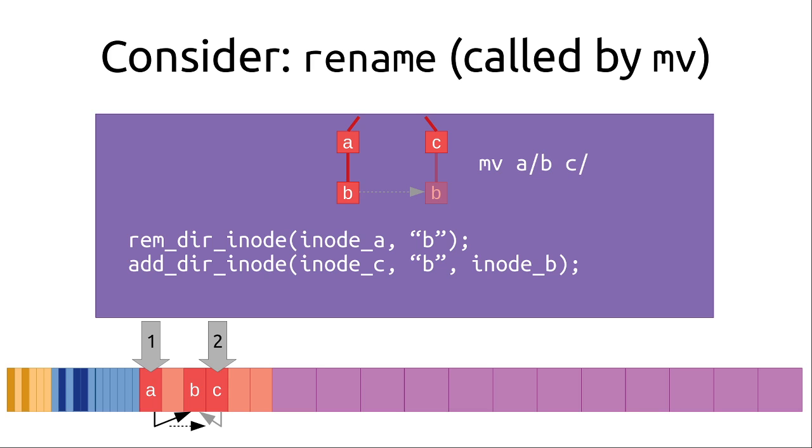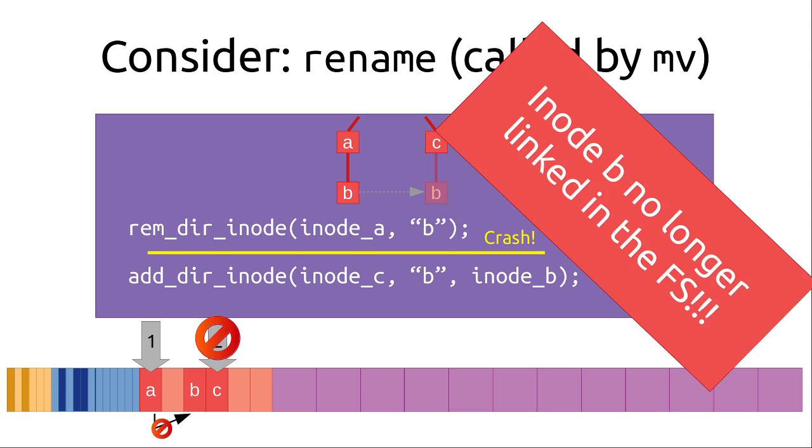Okay, so if we crash between these two operations, we have a huge problem, because we have removed the entry for B in A, but we haven't added it to C. So B just magically disappears from the file system completely, right?